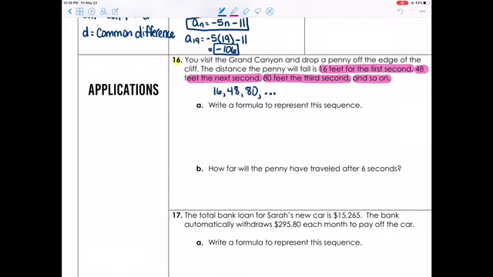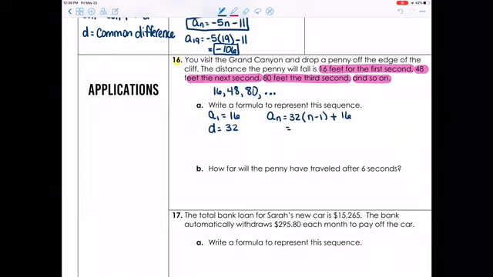So to write a formula to represent the sequence, we need to identify the first term and the common difference. Well, the first term is 16, and the common difference, if you take 48 minus 16, you get 32. Our formula, a sub n equals that common difference times n minus 1 plus the first term.